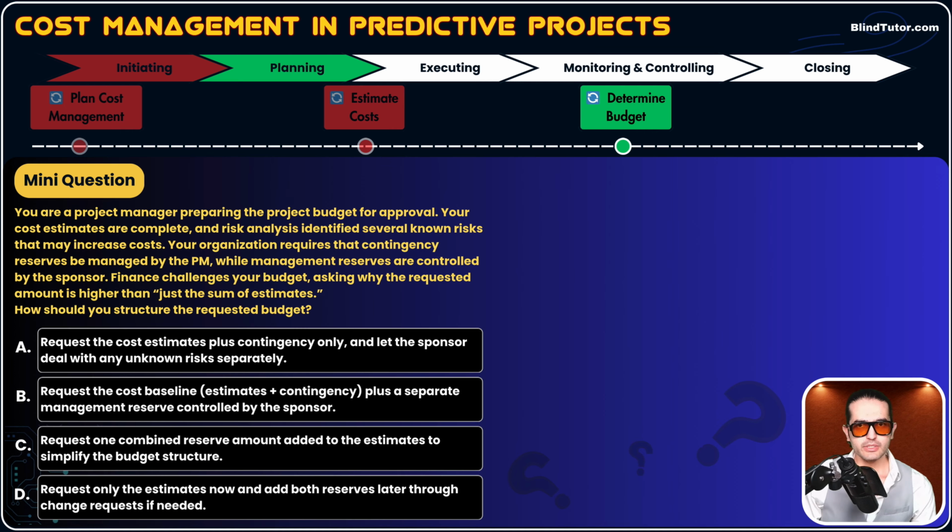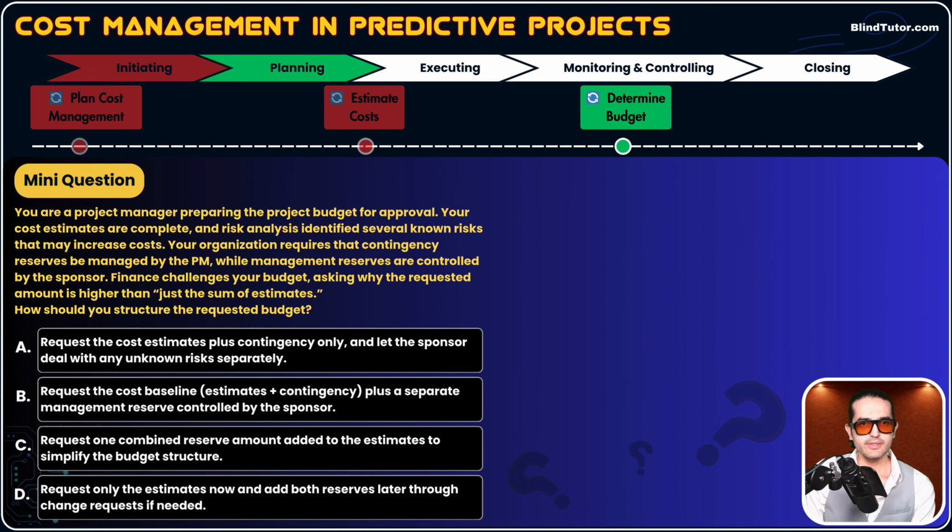Your organization requires that contingency reserves be managed by the project manager, while management reserves are controlled by the sponsor. Finance challenges your budget, asking why the requested amount is higher than just the sum of estimates. How should you structure the requested budget?